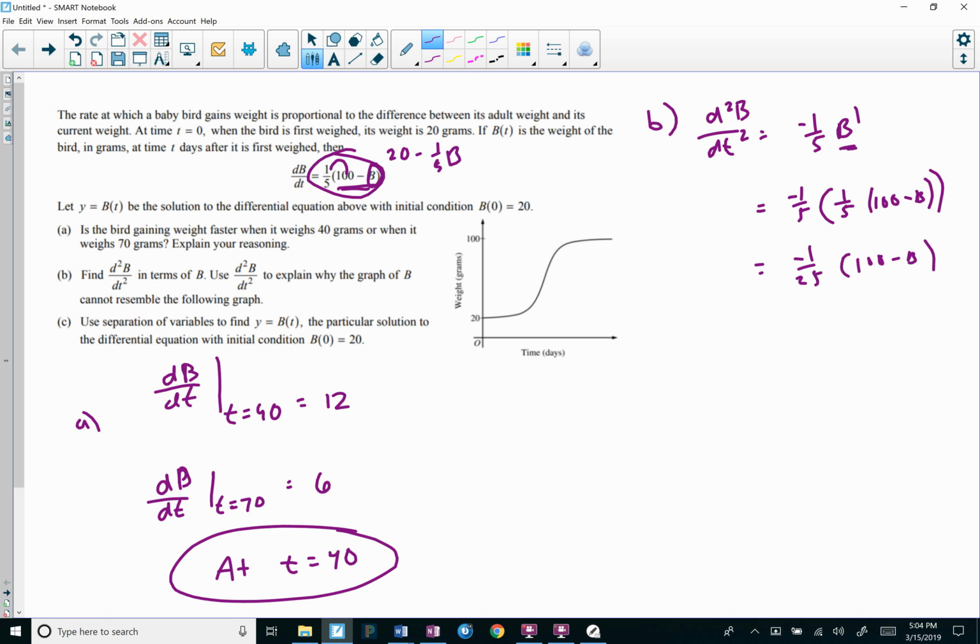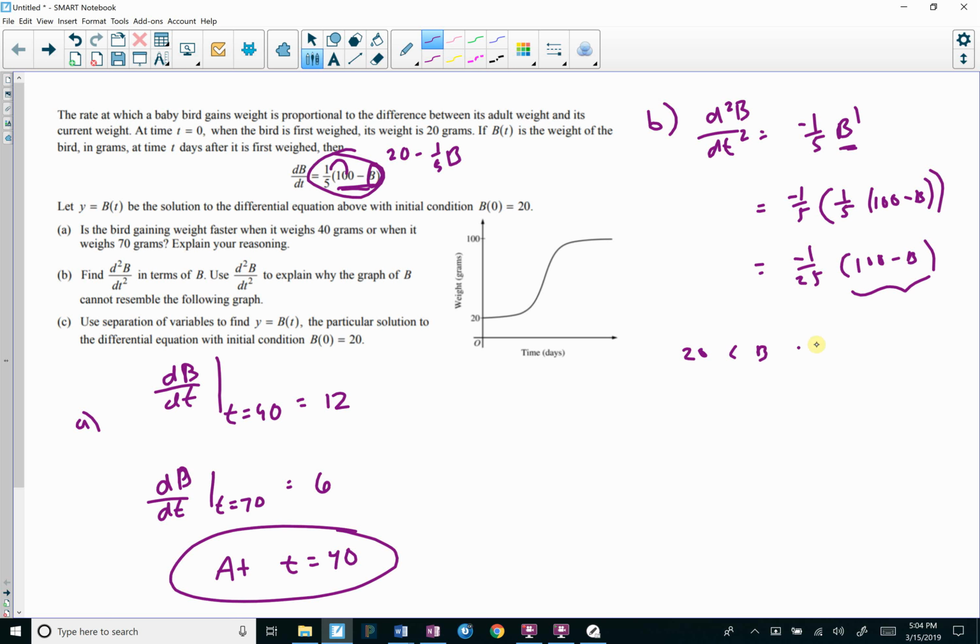Okay. Now it says explain why the graph of b cannot resemble the following graph. So looking at this graph here, we have to decide the sign of the second derivative. Well, this is a negative number. We need to decide what 100 minus b is. Now you were told that b at time 0 is 20.